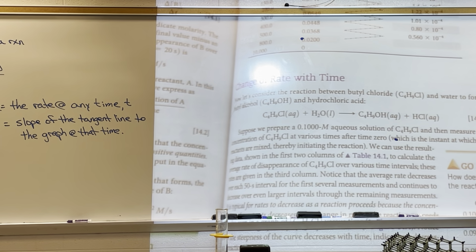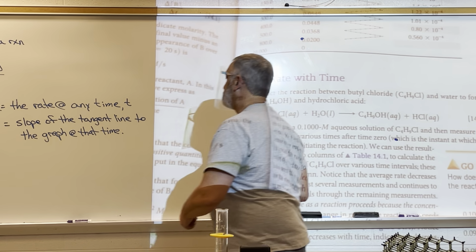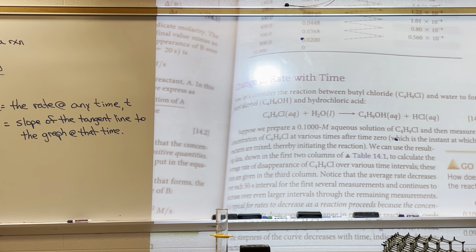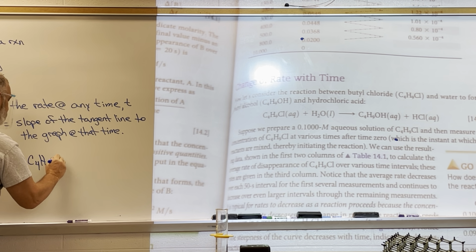Okay, so here's my equation. C4H9Cl plus H2O goes to C4H9OH plus HCl.